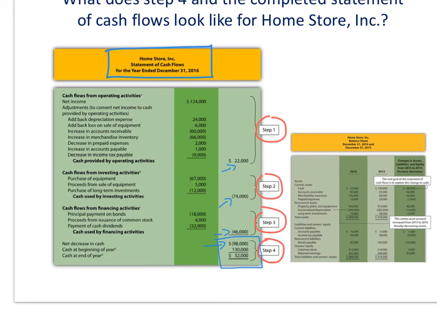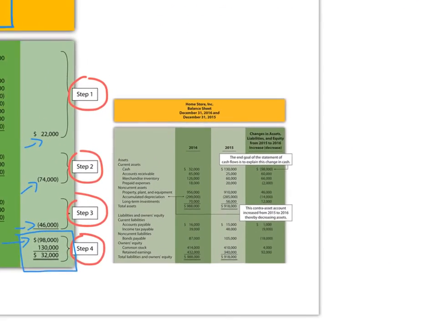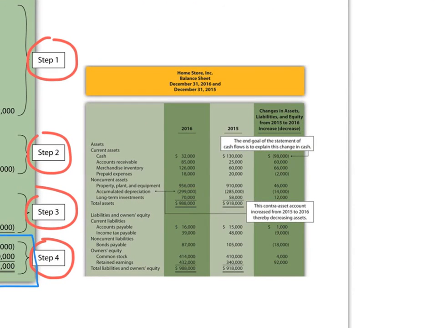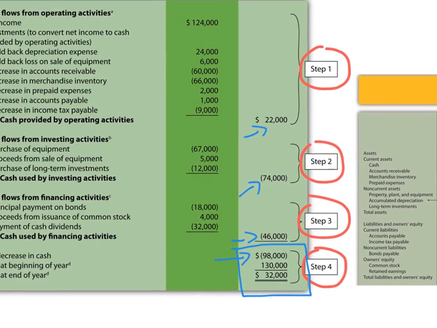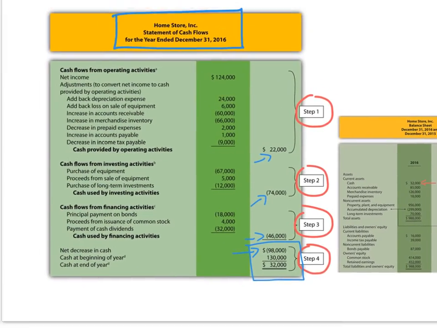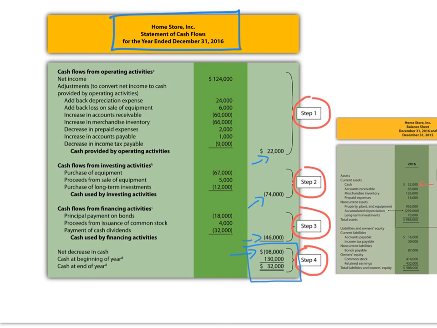Now what I want to show you is that it ties to the cash line item right here, and that's the critical piece: we actually identify why cash went from $130,000 to $32,000, and the details of why cash went down are shown in this statement of cash flows. So this provides the detail for that decrease of $98,000.